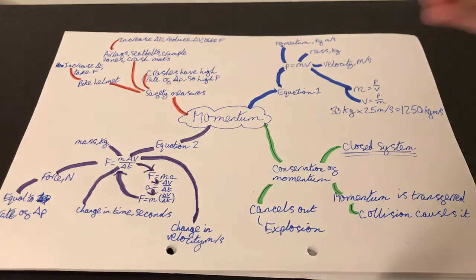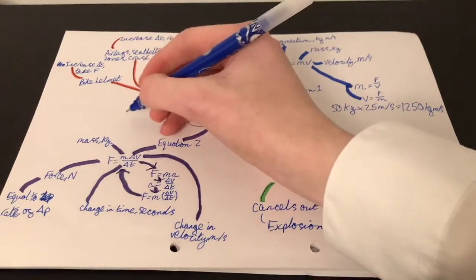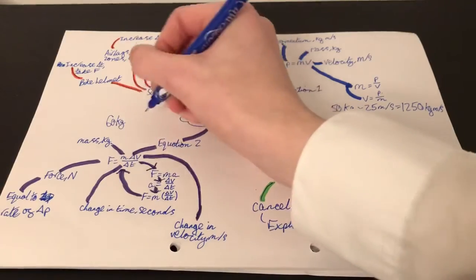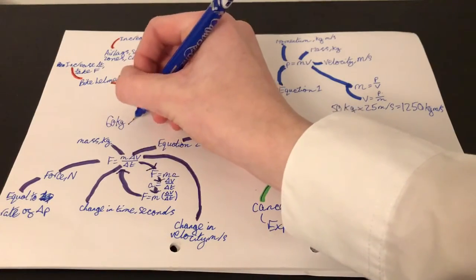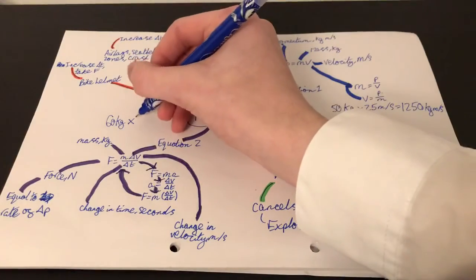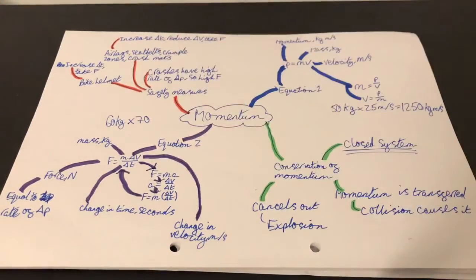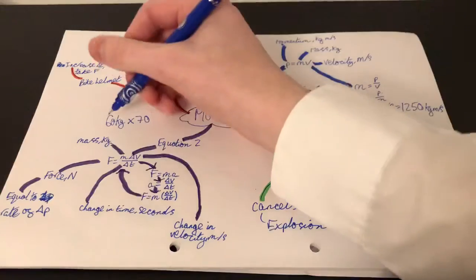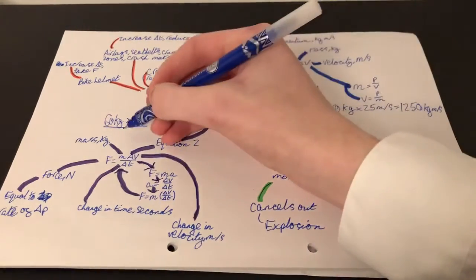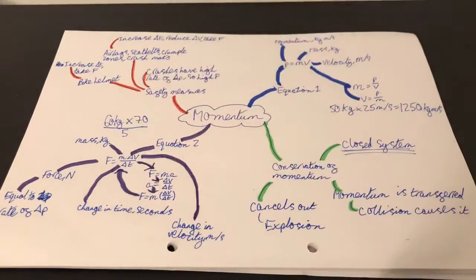So if you substitute this in, you might have a car of 60 kilograms, and you might be going at 70, and then you suddenly crash, and you're going at 0 then. So you have 60 times 70, and then this happens in 5 seconds.